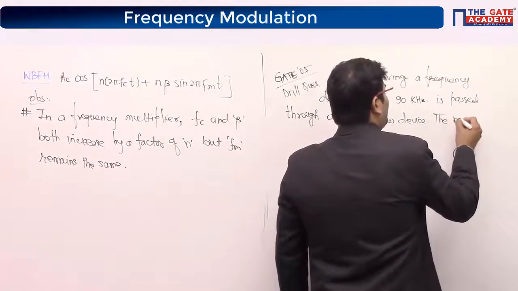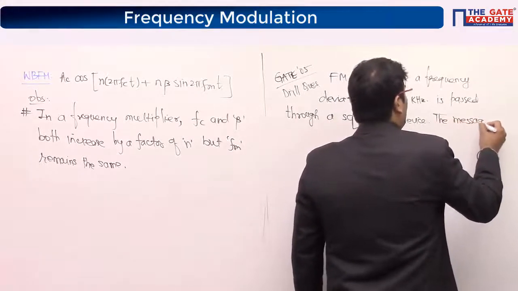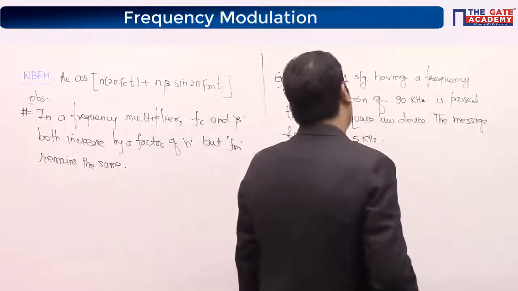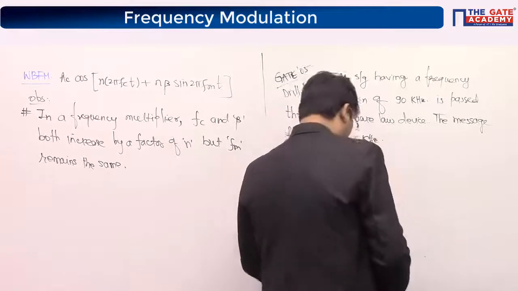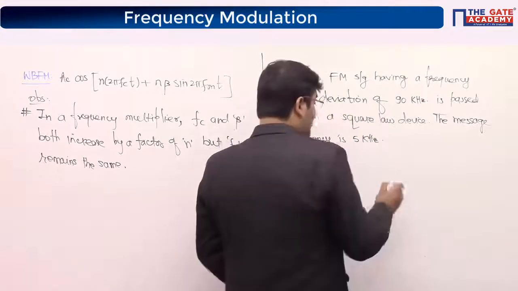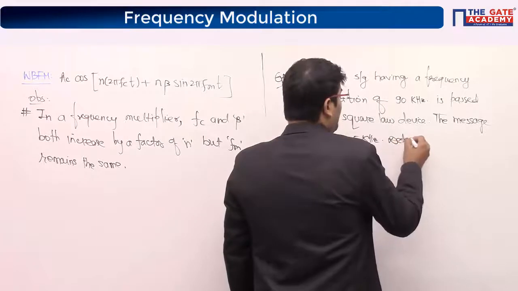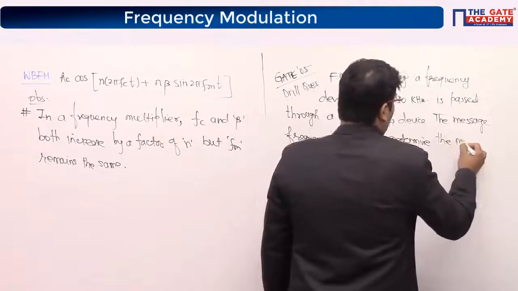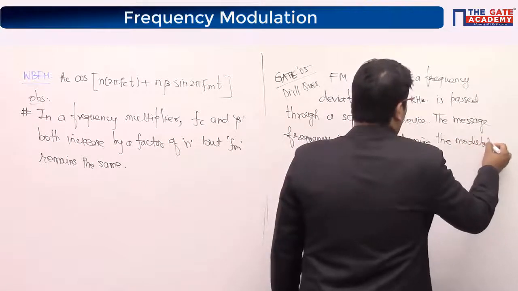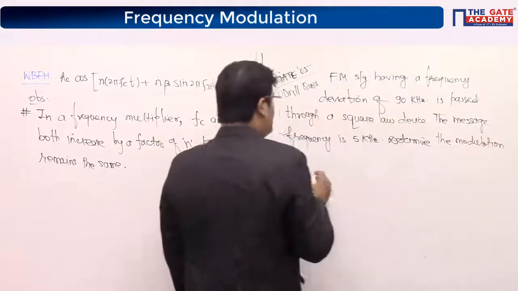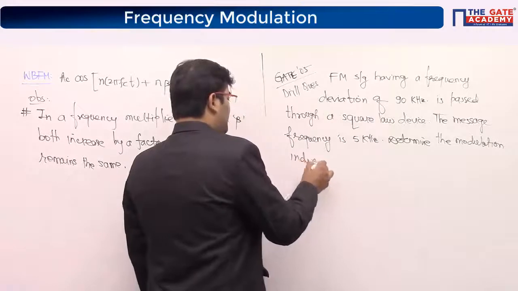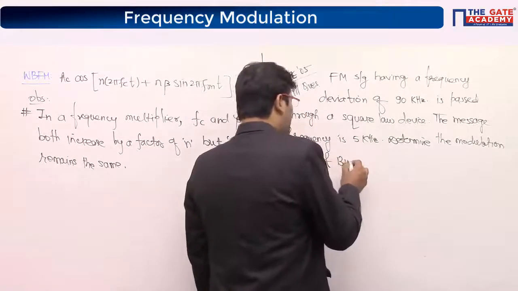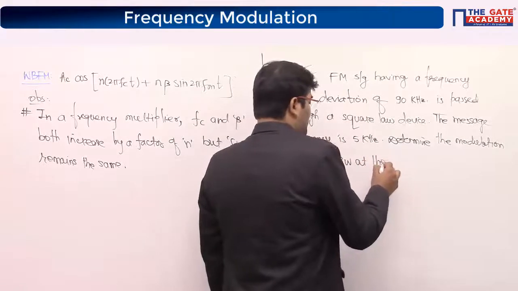The message frequency is 5 kilohertz. Determine the modulation index and bandwidth at the output.